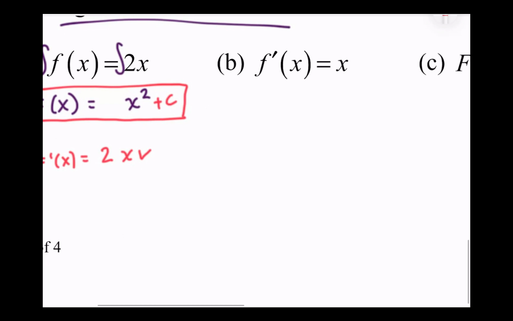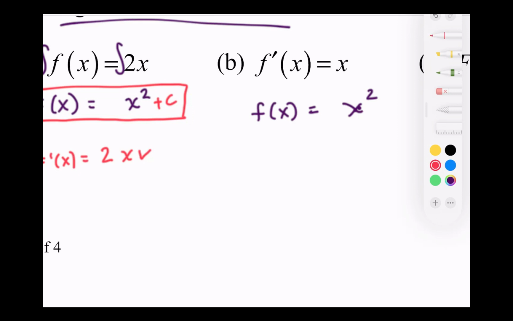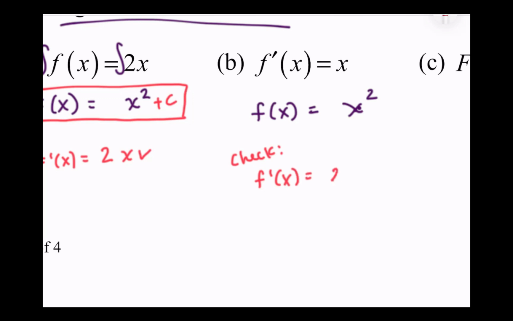Okay? So we're going to do the same thing right here. With the notation, the antiderivative for f prime will be f of x. And then we can have my x, and I think it needs to become x squared. So down here, I will check my work by taking the derivative. So f prime of x here would be 2x.